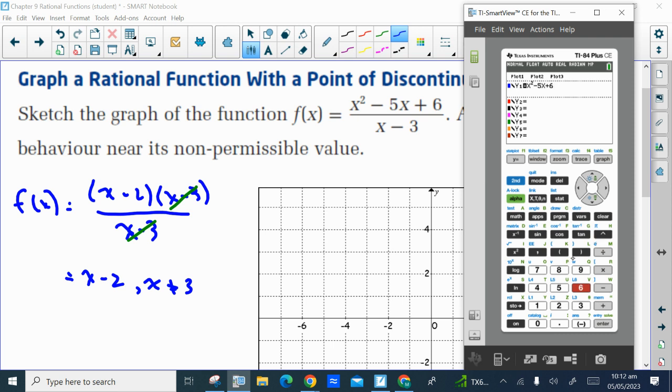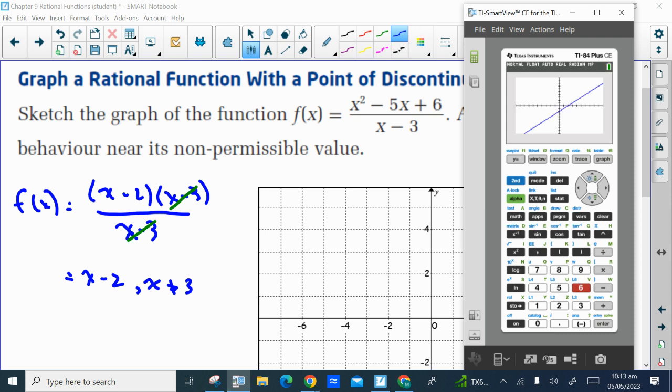And I forgot to put that in brackets, so let's do that. And that will be divided by, in brackets, x minus 3. So zoom 6 to set our windows to their standard settings.